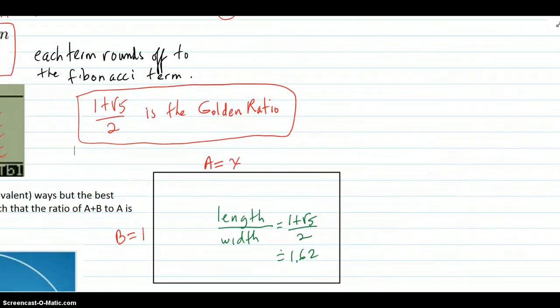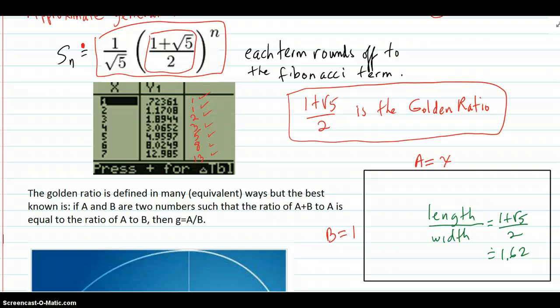And so if you had a picture with a width 1 over here and side x, then x to 1, which is a to b, if it was the golden ratio of those sides, it would be satisfying this definition that you can read there.